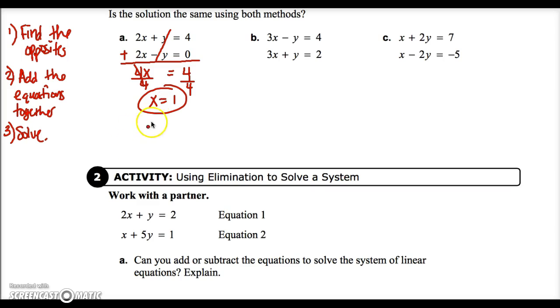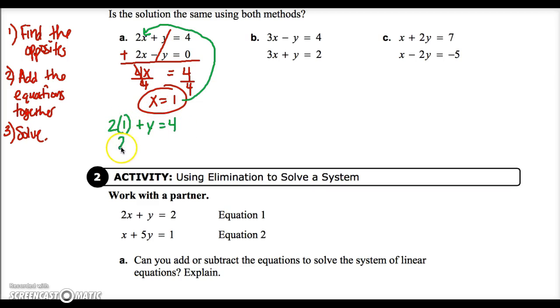And then to figure out y, again, we've been doing this for the past couple of days. All you do is take this 1 and you can plug it into either equation that you want. It doesn't matter. It's probably going to be easier, and I will always plug it into the one that would give me a positive y. So I'm going to put it right where that x is. 2x, well, instead of that x, I'm going to put a 1 because that's what x equaled, plus y equals 4.